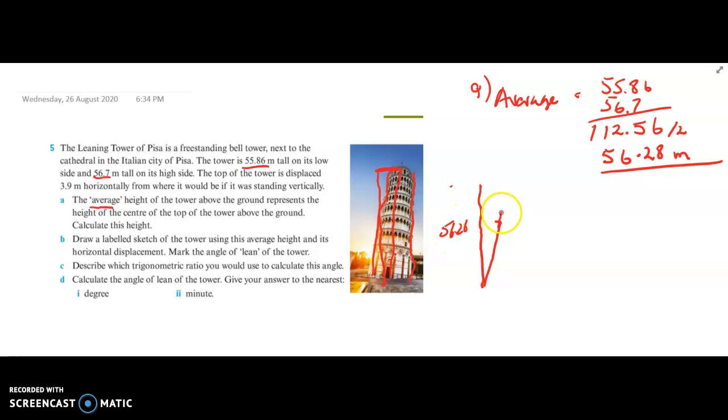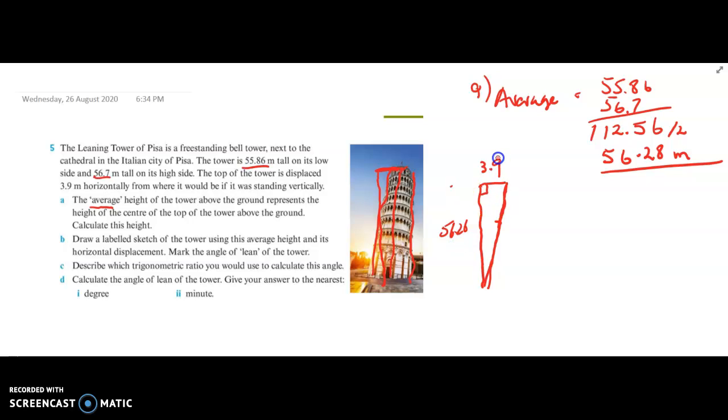But we know that it has shifted across. So the center is no longer in the center; it has moved across a total of 3.9 meters. And so we were asked to draw a suitable diagram.